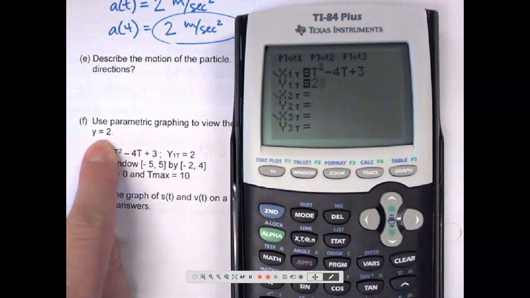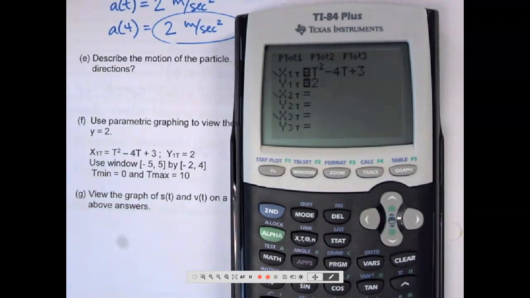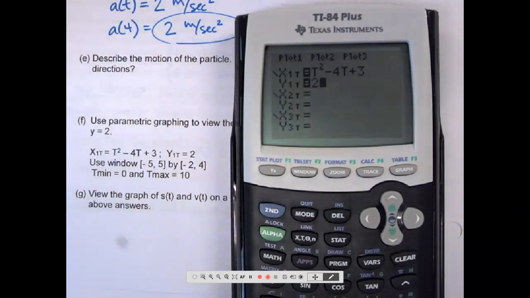It's written a little bit above there, so we're going to use y equals 2. Now, the reason I'm going to use y equals 2, if I didn't, then the particle would be moving on the x-axis and it'd be hard to see. So I'm just shifting it up 2 so that we can see it. You could use anything that's not 0 so that it would move it away from the x-axis.